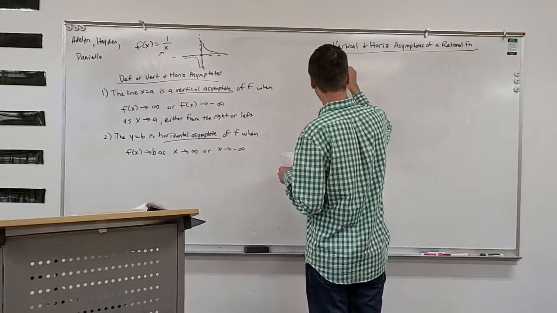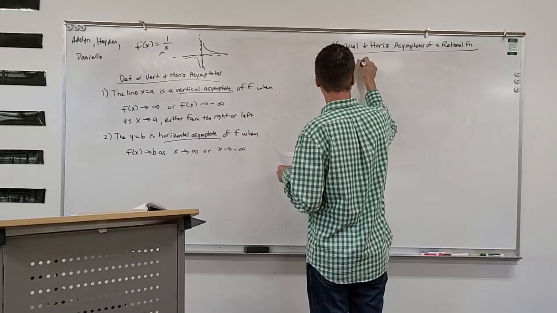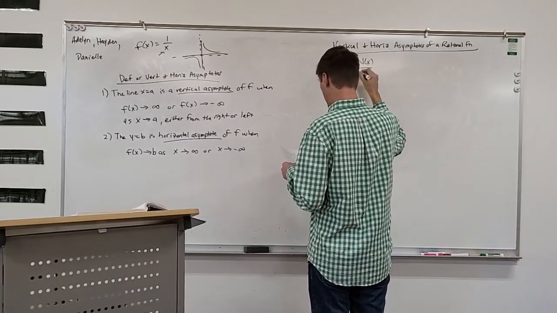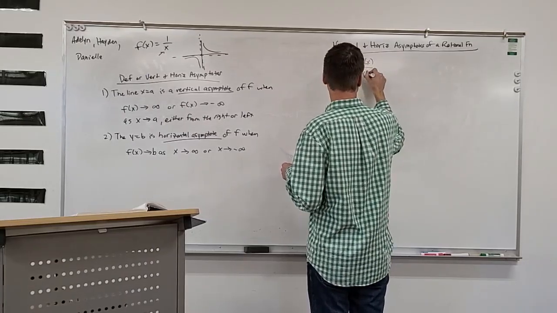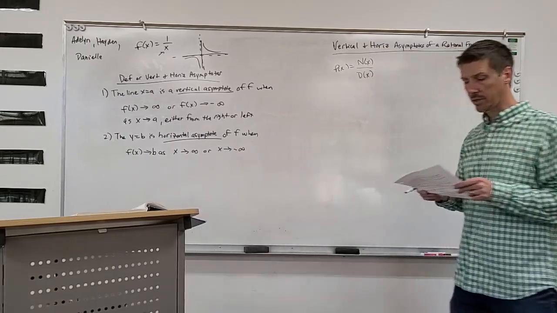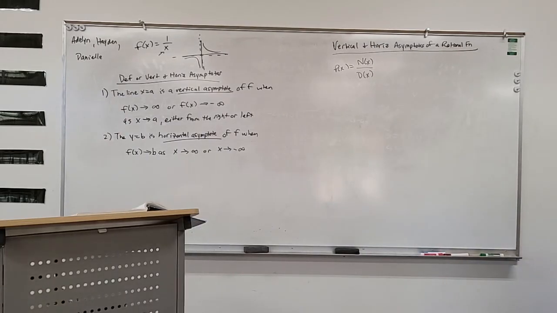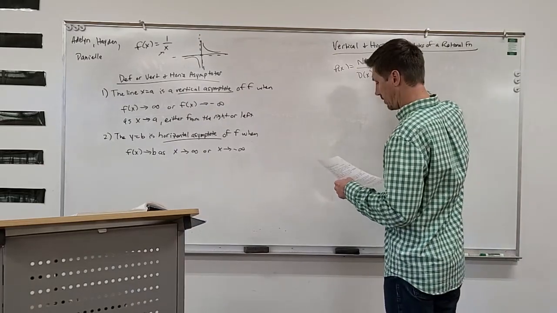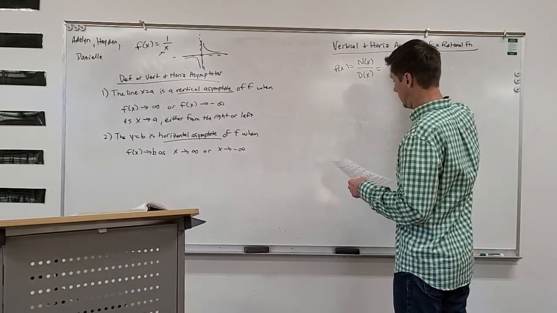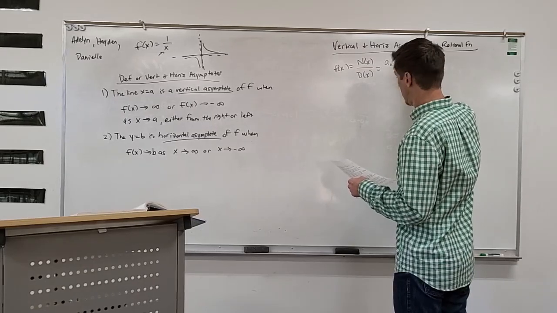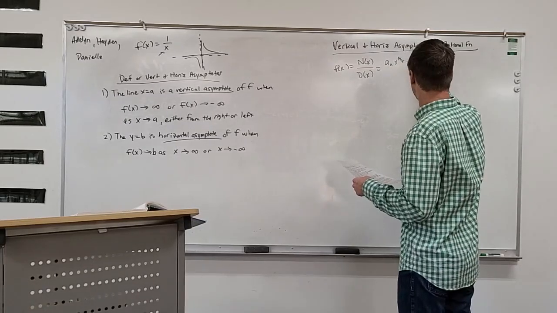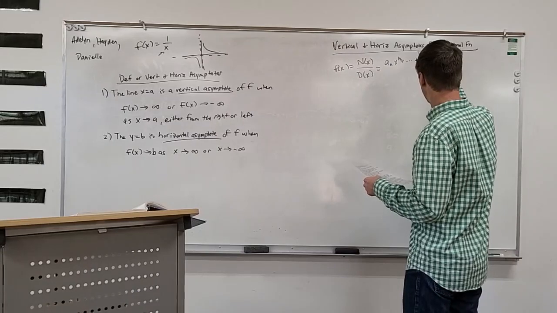So for the function f of x equals capital N of x over capital D of x, right? So we could write it as basically two polynomials over one another. And so just to write that out, that's a_n x to the n, plus ... plus a1 x plus a0.